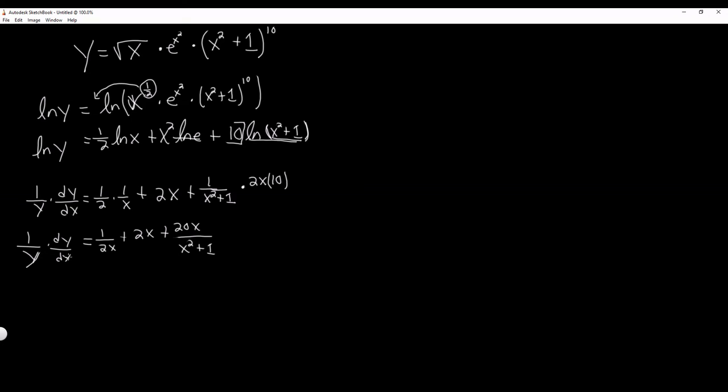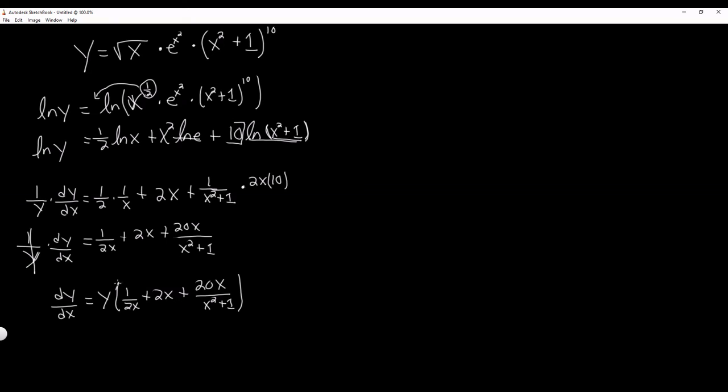Okay. So what we need to do now is solve for dy/dx. We can do that by multiplying both sides by y. So dy/dx is equal to y times 1/(2x) plus 2x plus 20x divided by x squared plus 1.